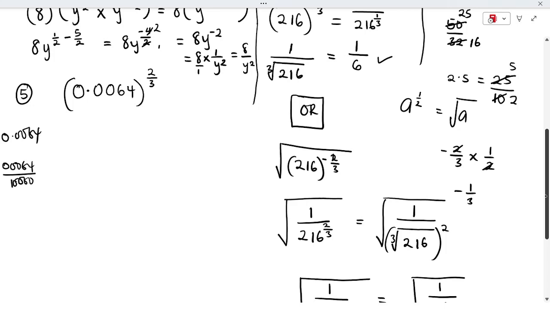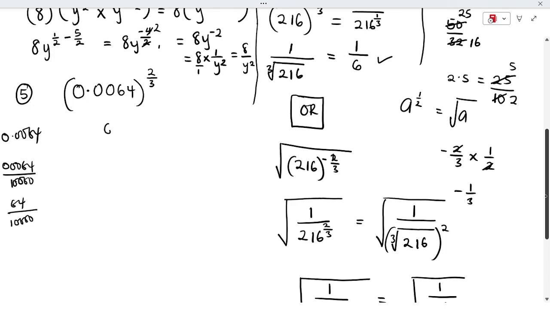And there you have it. So now whenever zeros come before a number, those zeros can be eliminated. So you simply have 64 over 10,000. So you simply come to this place and replace.